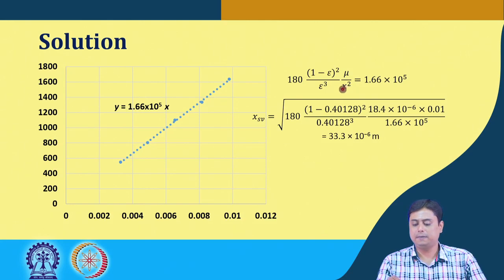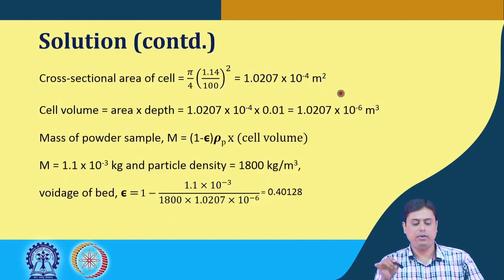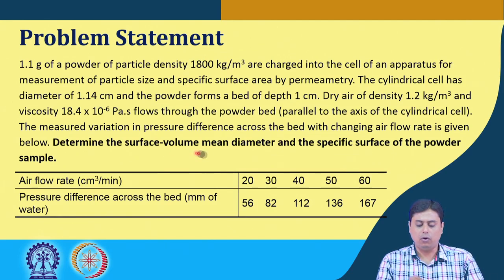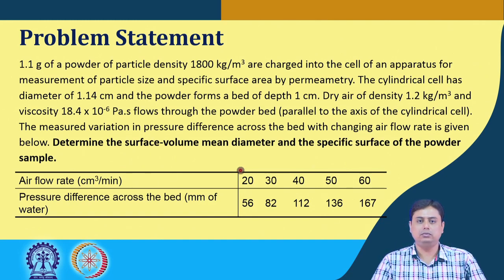Now, why have I written XSV here? Because this x is nothing but the surface volume mean diameter that relates the surface area that is available for the flow of that fluid in that powdery stack of the material. So, here directly we get the diameter.